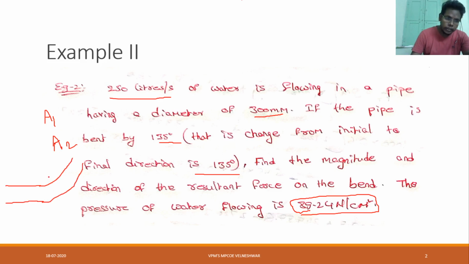At this location the bending is 135 degrees. Understood? At this location the bending is 135 degrees, which means the pipe will go like this.